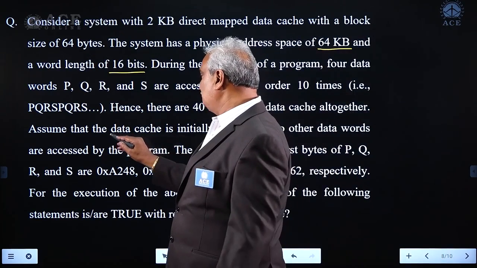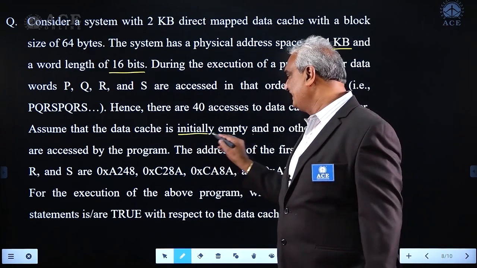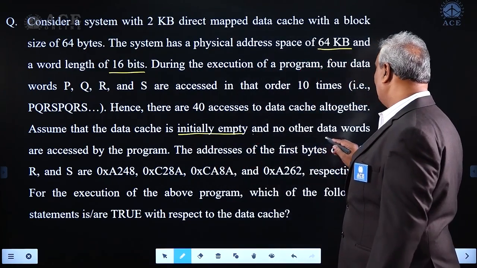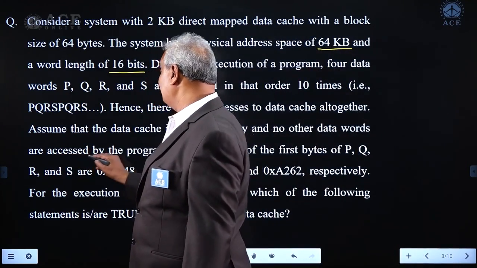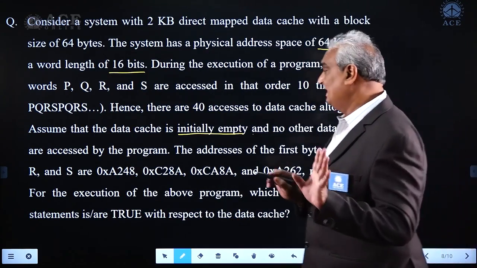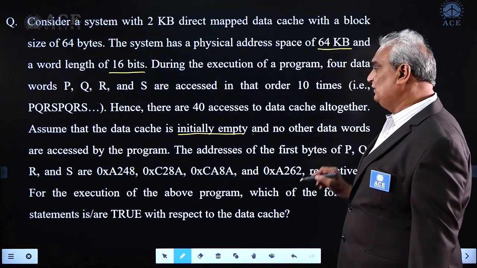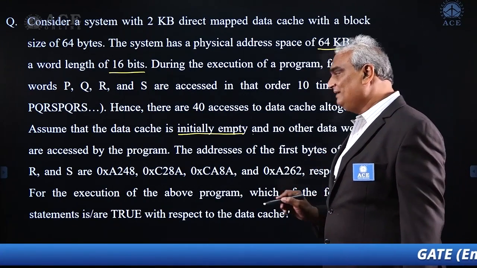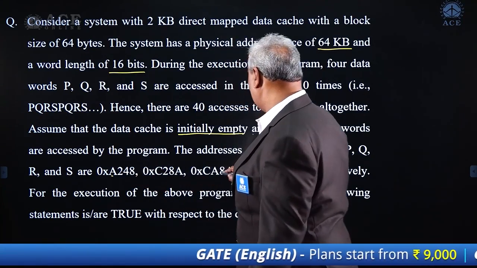Assume that the data cache is initially empty and no other data words are accessed by the program. The addresses of the first byte of PQRS are the P address, Q address, R address and S address.